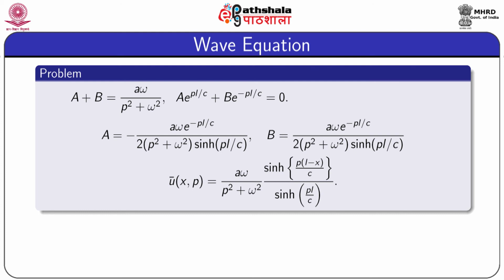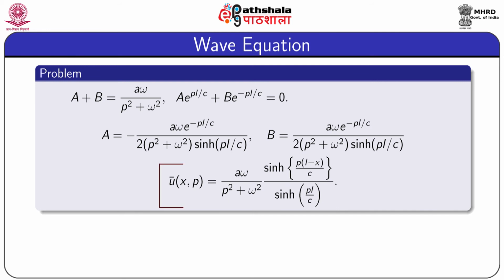And we know the formula for the inverse Laplace transform: u(x,t) equals 1 divided by 2 pi i, integration from gamma minus i infinity to gamma plus i infinity of e to the power pt into u bar(x,p) dp. This is a contour integration.